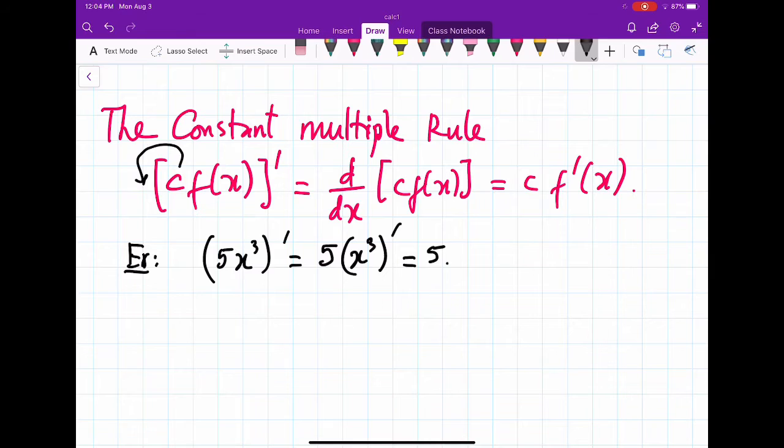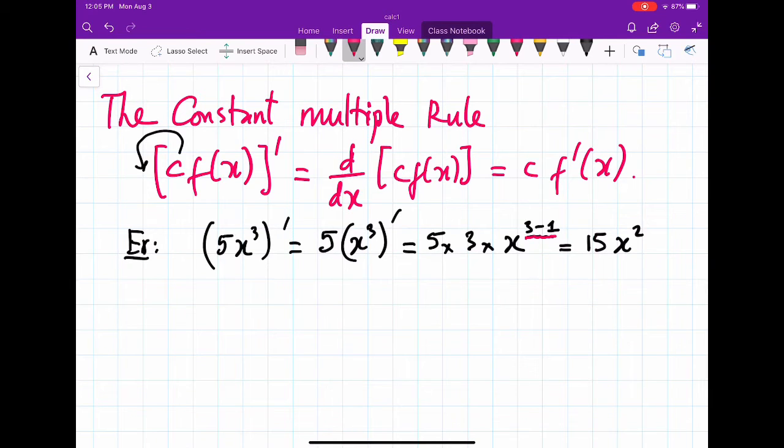I have 5 times 3 times x to the 3 minus 1, so I have 15x squared. At this moment, I will write this subtraction, because we know that when we apply the power rule, the power decreases by 1. But in the future, probably we will not do that all the time, just writing x squared.